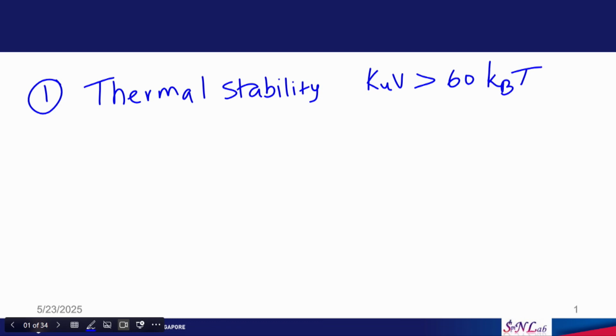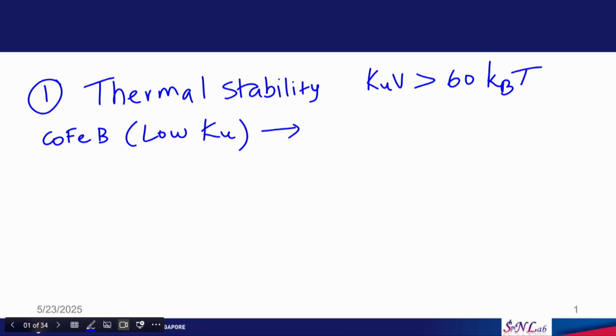In the case of in plane MRAM, we are using materials like cobalt iron boron with a low Ku. So, as a result, the KUV is not high.